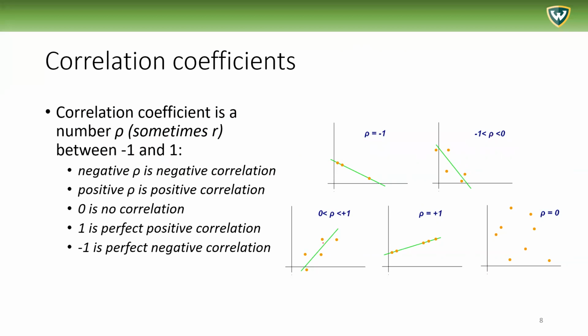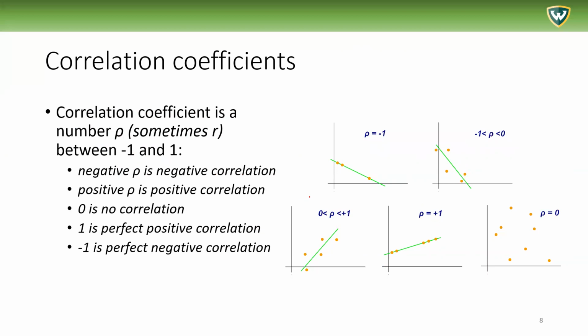Here, rho is positive correlation, so the number is between 0 and 1. This could be perfectly correlated, so rho equals +1. And then if it's kind of all around, then rho is 0 or near 0.